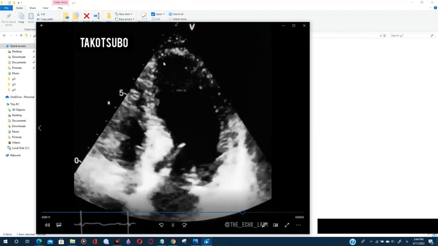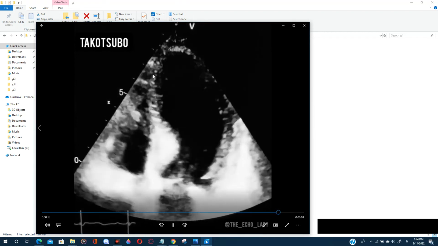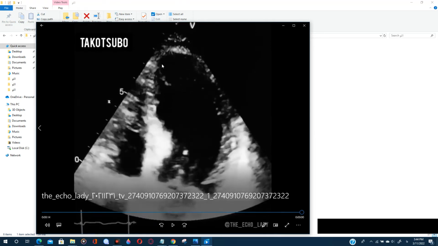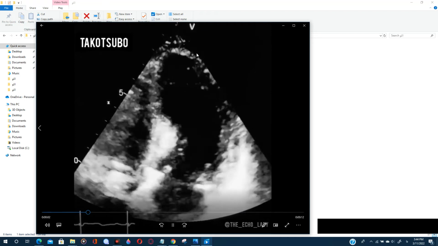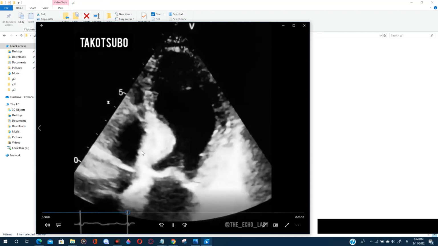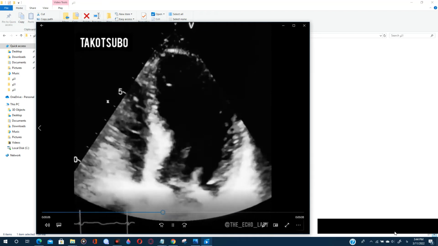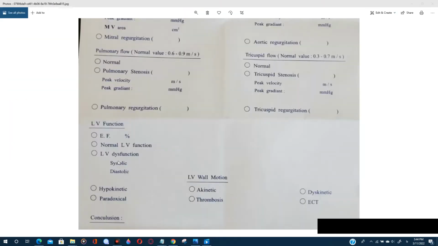In this item we see akinesia, the stop of contraction, and we say akinesia. So we have the term hypokinesia and the term akinesia.